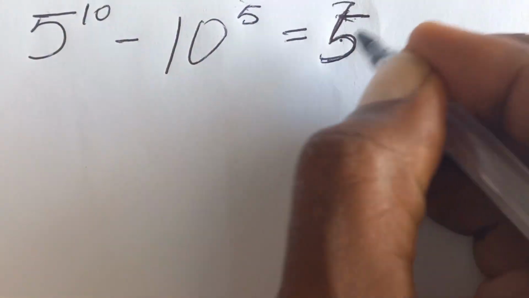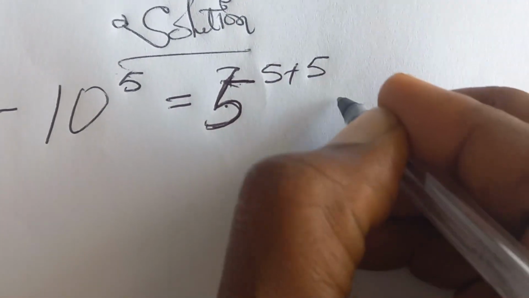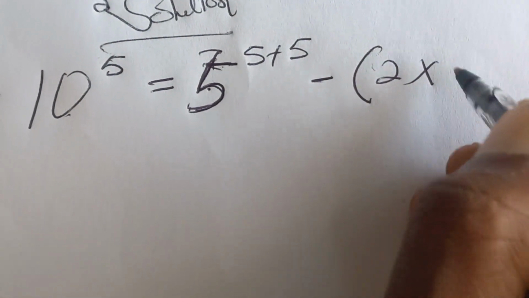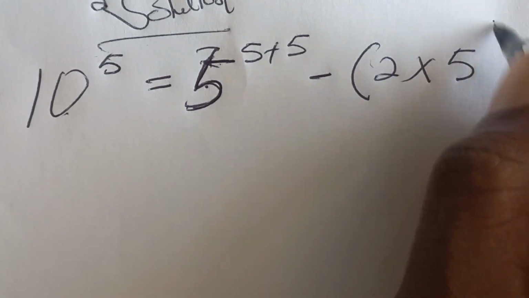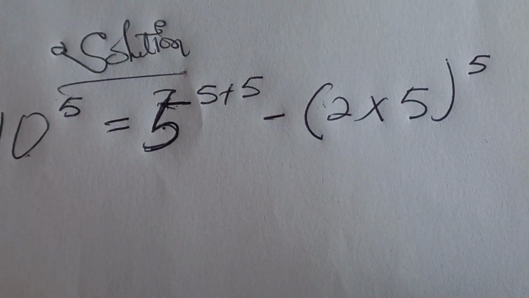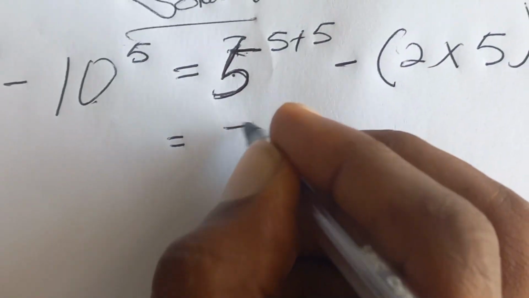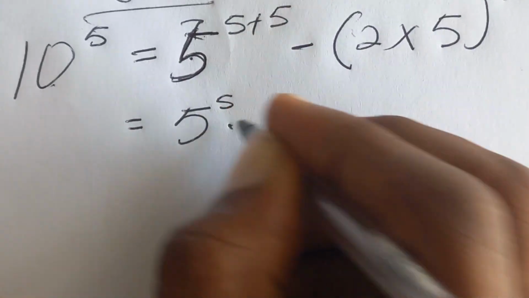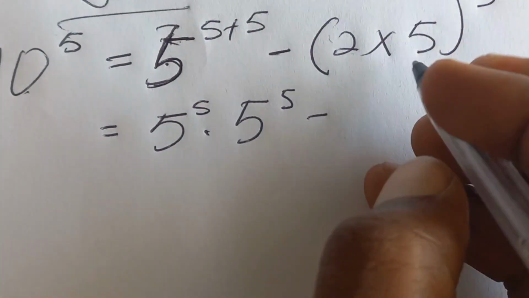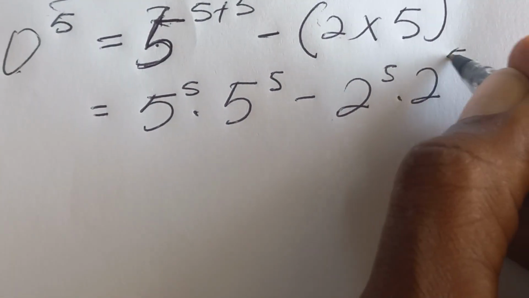So we have 5 exponent 10, which we can express as 5 exponent 5 plus 5, minus 10, which is 2 times 5, exponent 5. From here, we can write it as 5 exponent 5 multiplied by 5 exponent 5, minus 2 exponent 5 multiplied by 2 exponent 5.